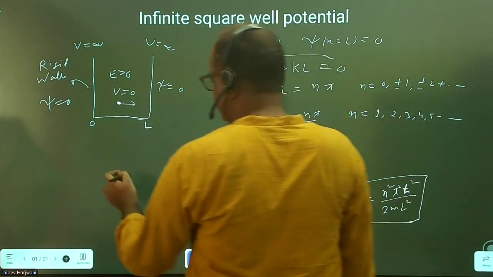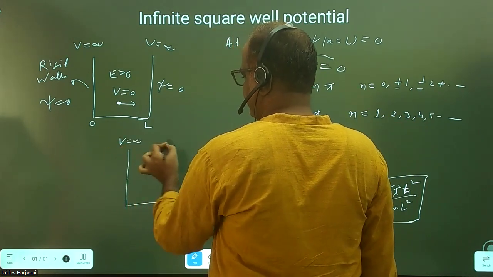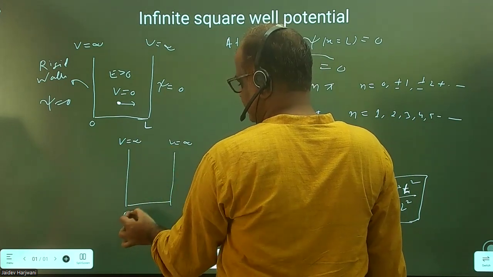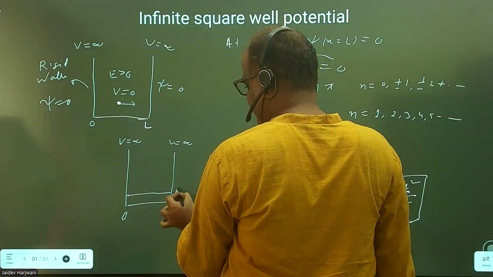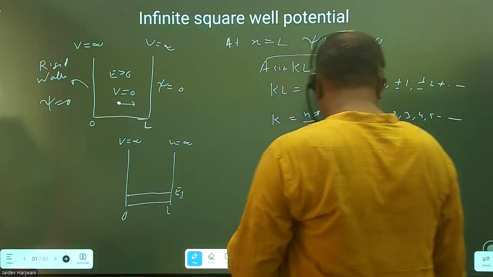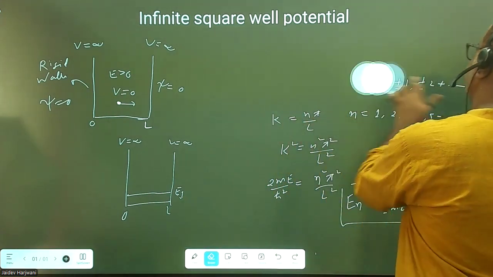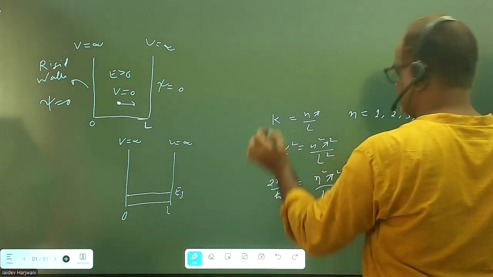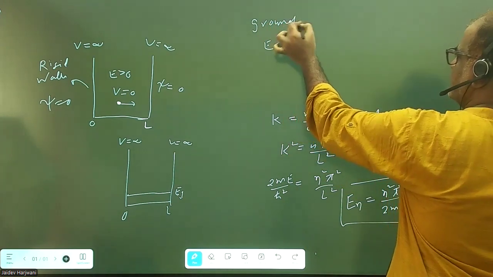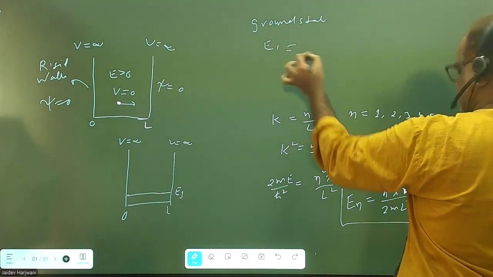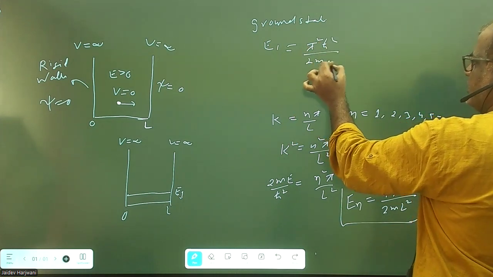So you have now the particle energy. If I take this box, V infinite, from 0 to L, and say this is the ground state energy of the particle, E1, then my E1 will be π square ħ square over 2mL square.